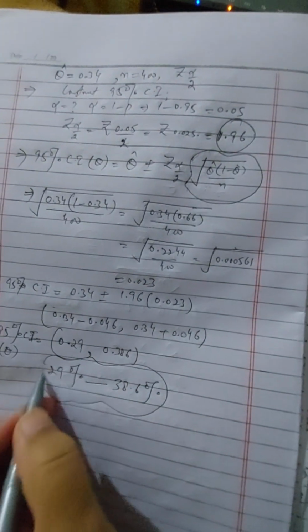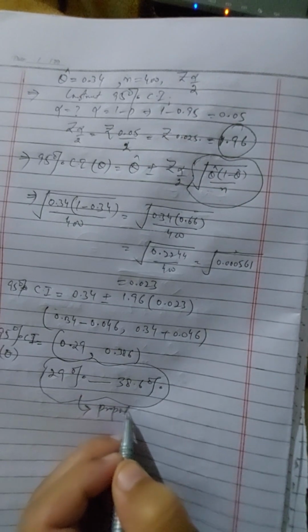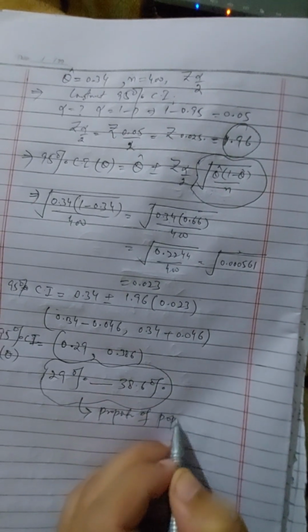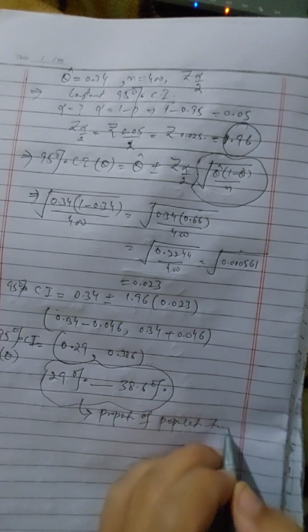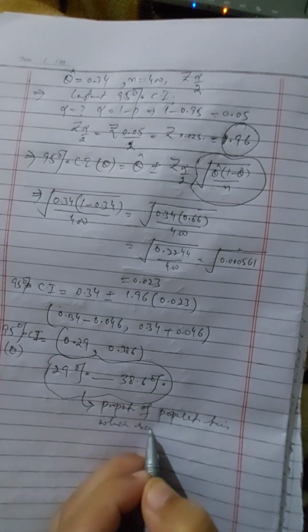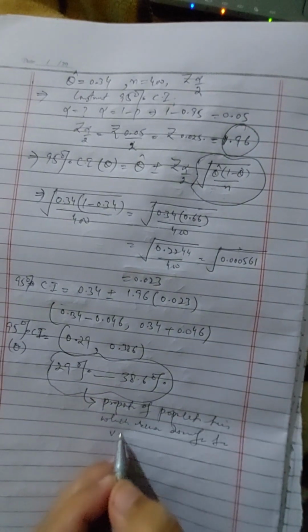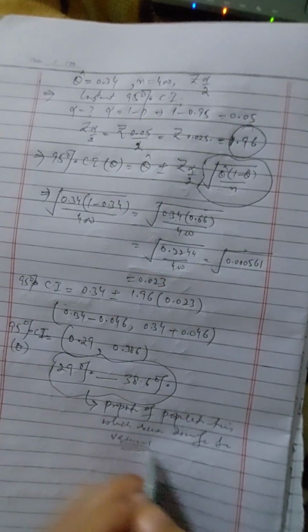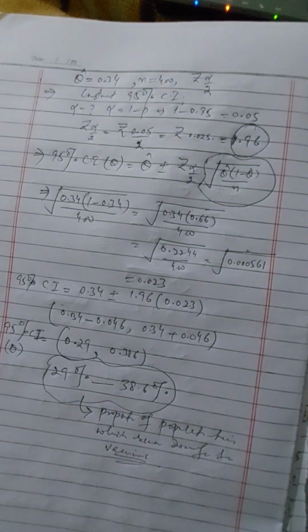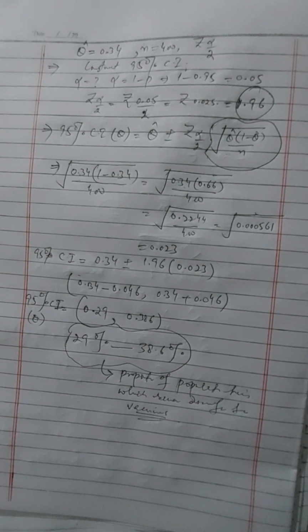This is the range in which the proportion of the population that receives discomfort from the vaccine actually lies. So that is how we do the proportions.